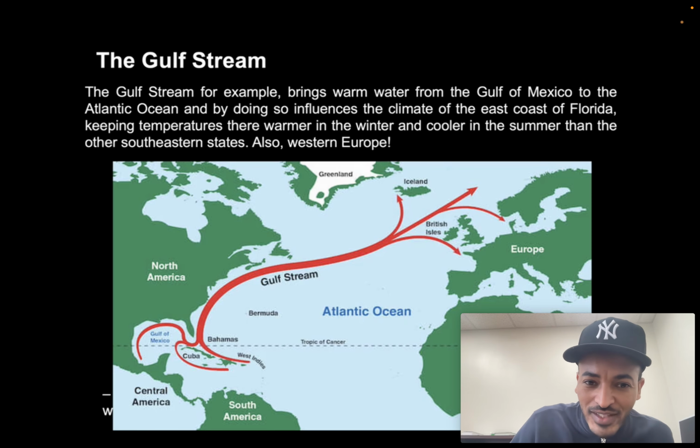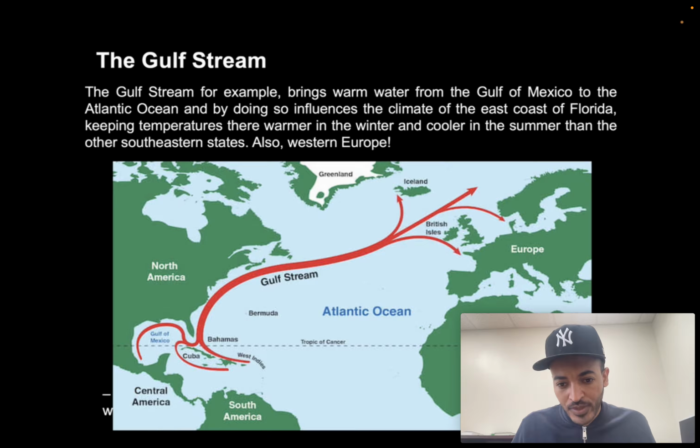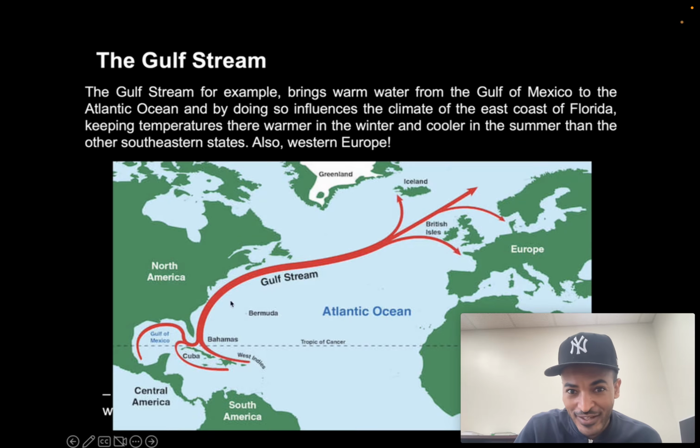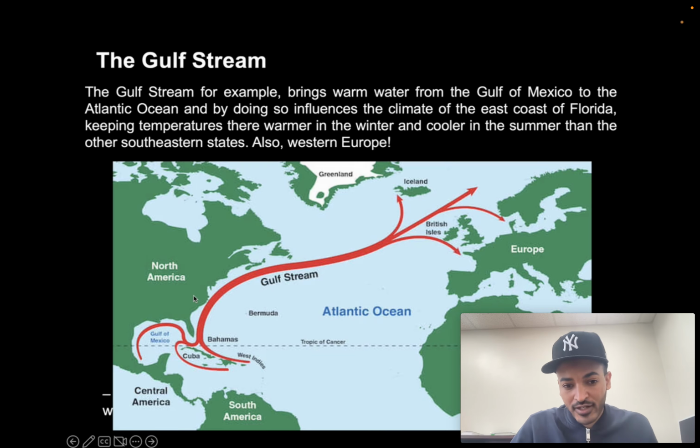Depending on the strength of the Gulf Stream, we can set our expectations of what the summer would look like in certain parts of Western Europe, and it also impacts the weather conditions in North America as well, right?